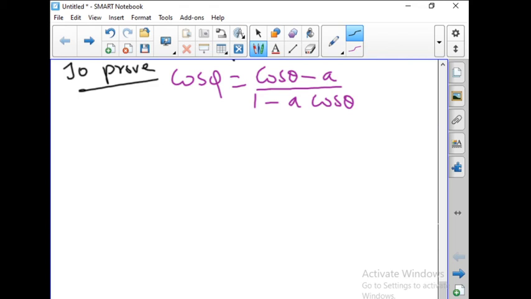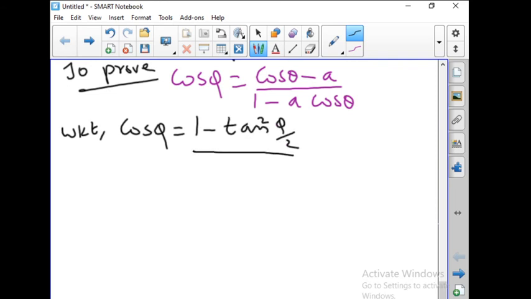by the half angle identity, we can write cos phi as 1 minus tan square phi by 2 divided by 1 plus tan square phi by 2. So it is equal to, use the first one, what is given.